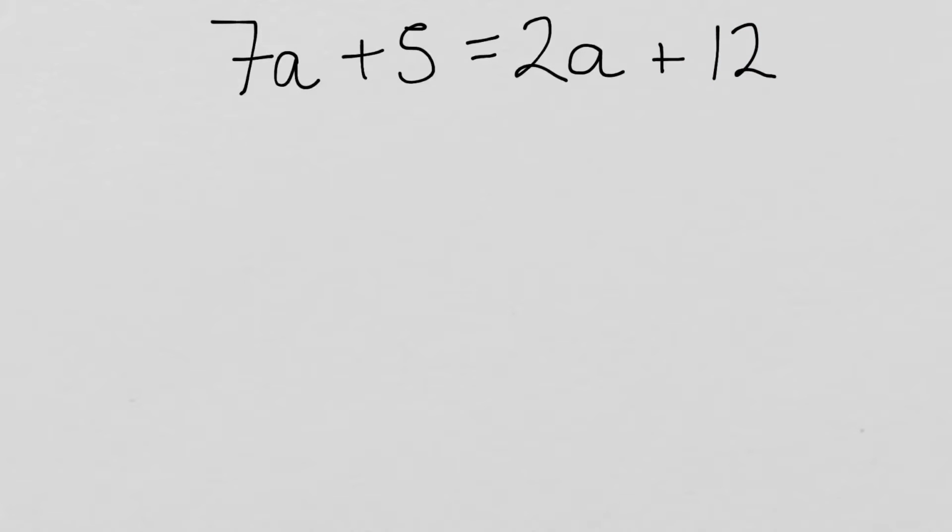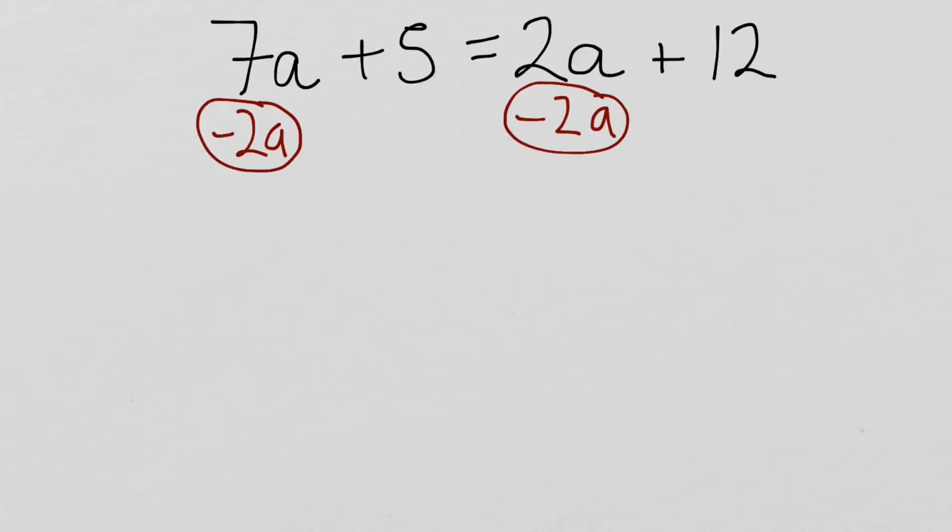Right, with equations with letters on both sides, the first thing we need to do is get rid of one of the letters. So on this side, I've got the smaller number of letters, I've got 2a, so straight away I'm just going to take away those 2a's. So I need to take away the 2a's on the other side of the equals. So I'm left with 7a minus 2a is 5a. I've still got my plus 5, and on the other side I've got a 12.